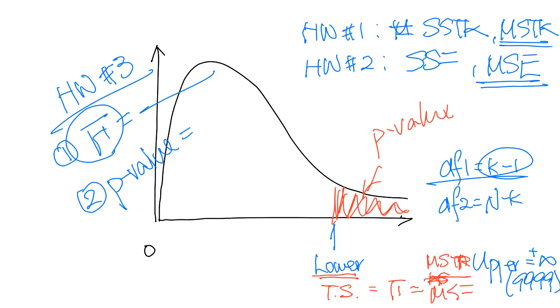Yes. You know, before with the T test, from the bell shape T, this one was the test statistic. It's almost the same idea. So the lower must be the F test statistic.